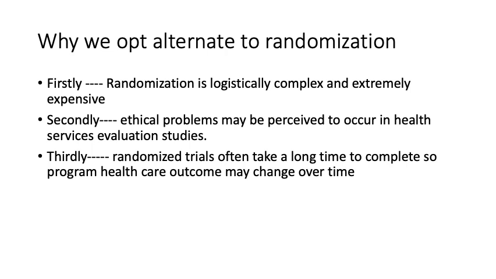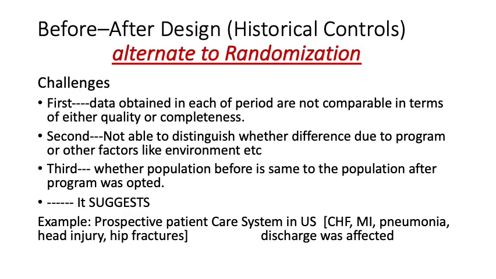The individuals who stayed home were also suffering from the same disease. So whether it is ethically correct to direct them home under their poor, debilitating health conditions. Thirdly, randomized trials often take a long time to complete. So these are the three core elements.